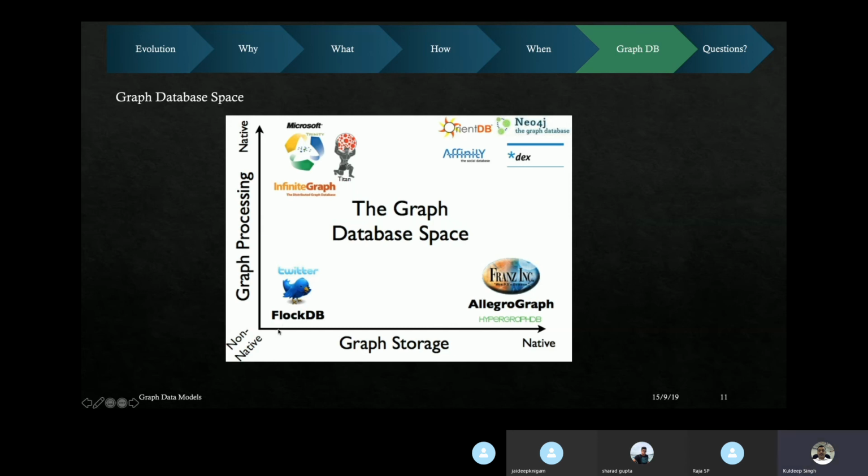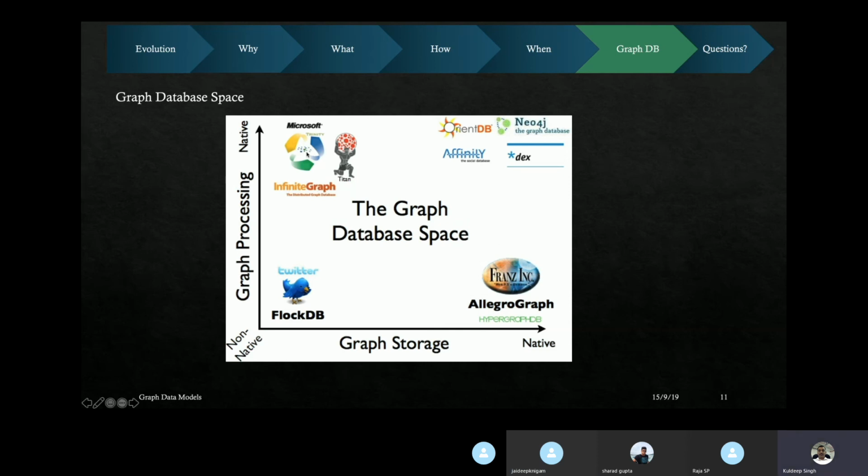So if you see FlockDB, which was the Twitter DB, it's somewhere in between, not completely native on the graph storage and non-native on the graph processing also. This AllegroGraph is totally native. It stores the actual nodes, and now I think they also provide graph processing, but which is not very efficient till now.